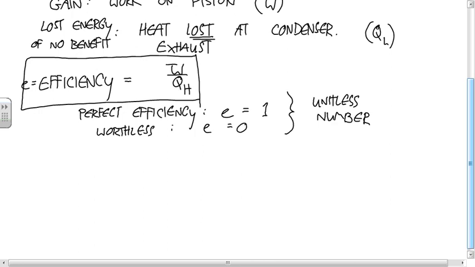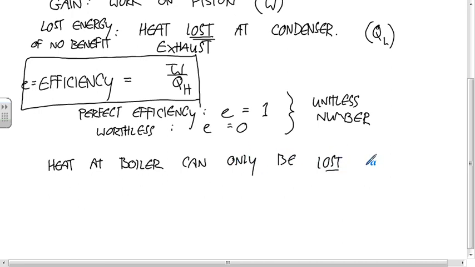Now we can get another equation by thinking of, so we're going to add heat to the gas in the heat engine at the boiler, right? And that energy can only go two places. So heat added at the boiler can only be lost from the gas in two ways.